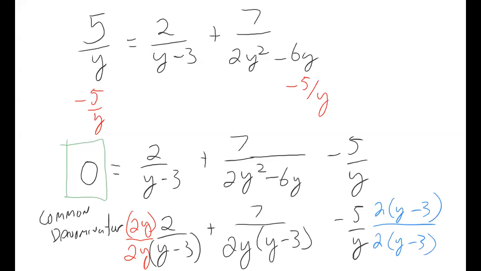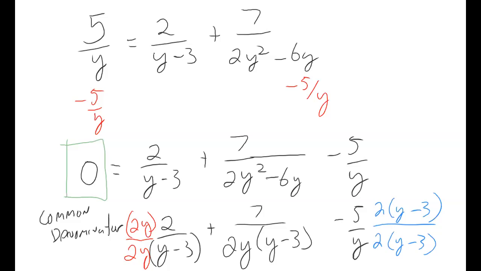I'll give everyone a sec to write that down if they want to. All right, so I'm going to write this on the next page, all with the common denominator 2y times y minus 3. I won't distribute through up to, yeah, well, real quick, right?